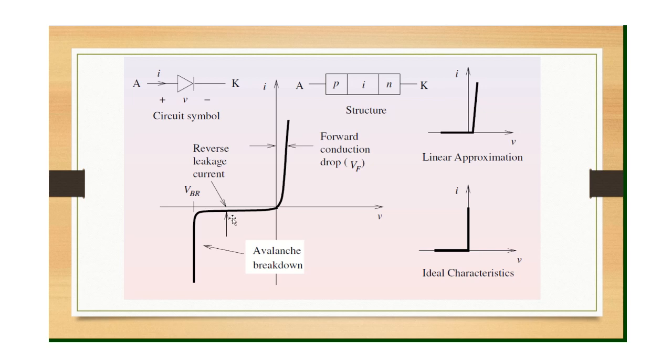As you go on increasing the reverse voltage, there will be a stage where the leakage current also increases slowly in magnitude, where it reaches the avalanche or Zener voltage, where there is a breakdown of the device. This region we call the avalanche or breakdown region, right?